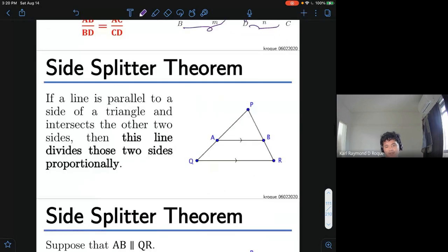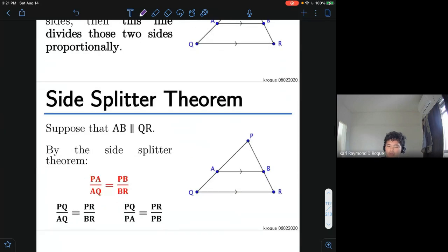Next, side splitter theorem. If a line is parallel to a side of a triangle and intersects the other two sides, then this line divides those two sides proportionally. Pag daw parallel tong dalawa na to, proportional dyan. Nangyayari lang yan pag parallel lang yung dalawa na yan.